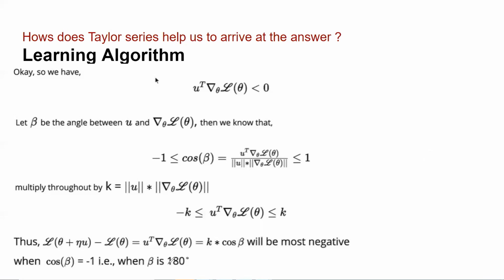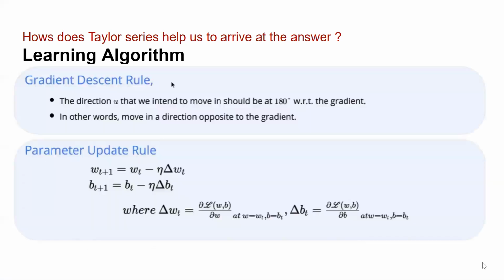Okay. Now let's move to the other slide. When I say gradient, what I mean is simply the partial derivative of my loss with respect to b and W. So what was my expression here initially? My expression was W equal to W plus eta delta W, right?